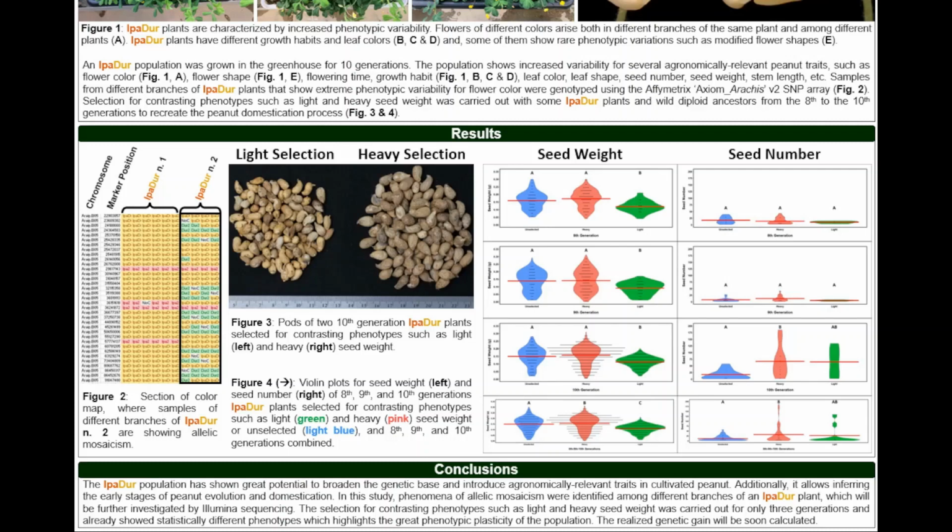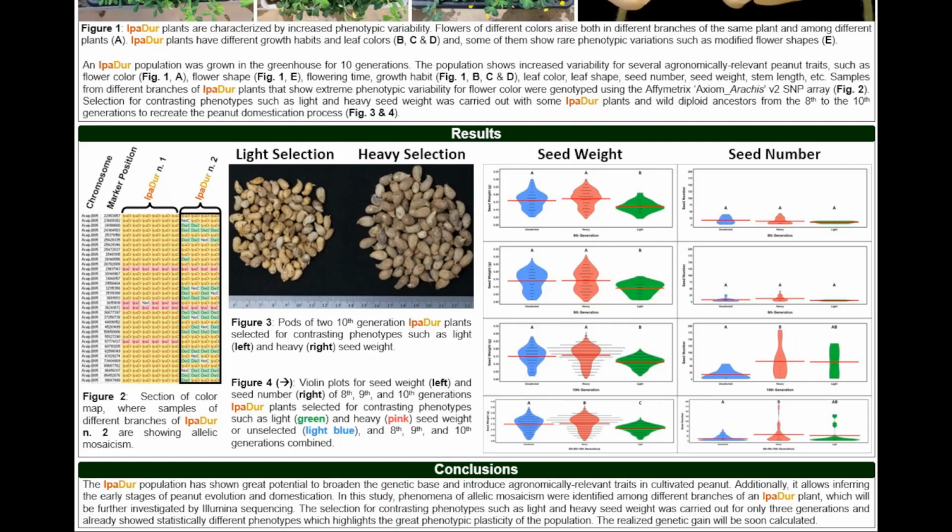The second column shows the marker position, and the last two columns show different sample genotypes from plant IPADUR number 1 and IPADUR number 2. For IPADUR plant number 1, we collected 6 samples from different branches of the same plant, while for IPADUR number 2, we collected 4 leaf samples from different branches.